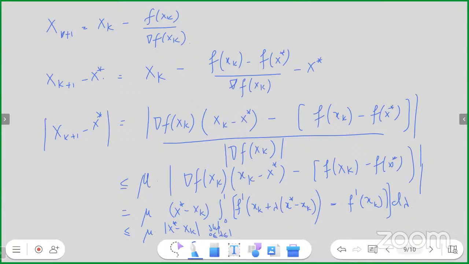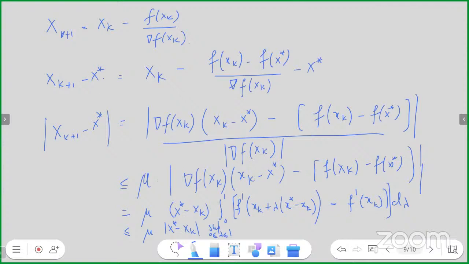But go back to my condition number 2, if you have it in your notes. Mod of f prime of x minus f prime of y, when both x and y are in S. So if I apply this, what will happen?